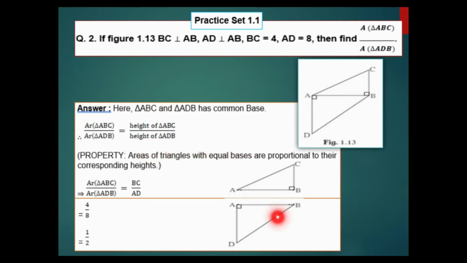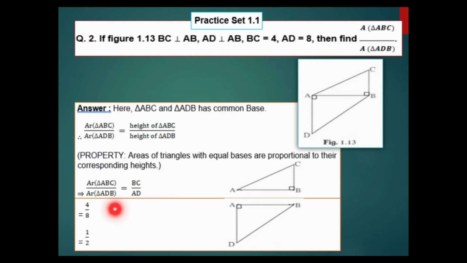Because the base is the same, we have the property that areas of triangles with equal bases are proportional to their corresponding heights. So the area of triangle ABC upon area of triangle ADB we write here as BC upon AD.